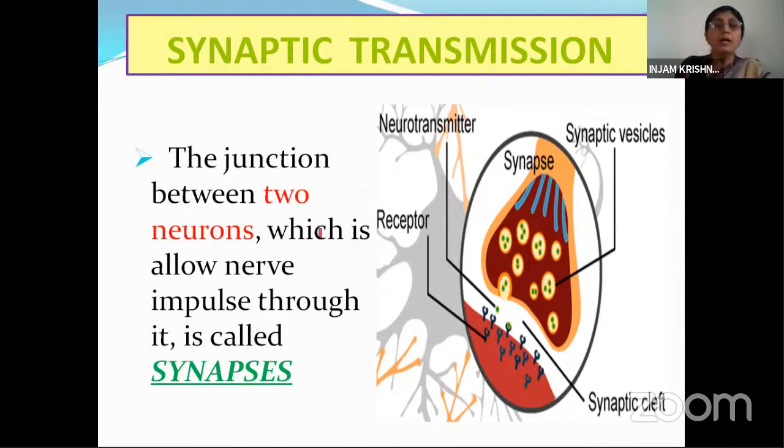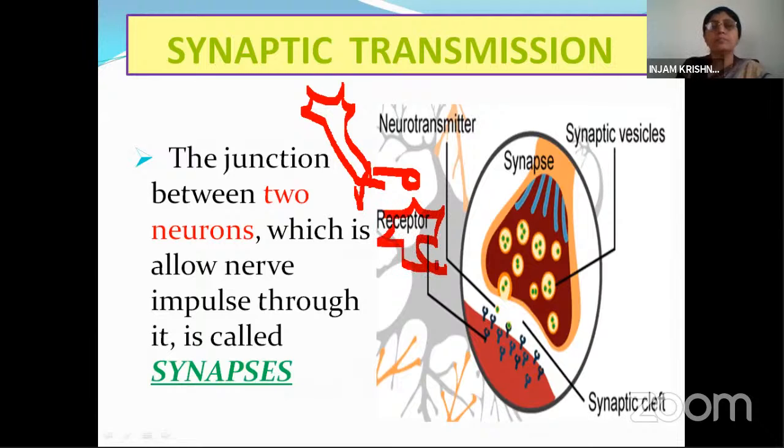The other neuron is here, with its dendrite knob, and they form the synapse.